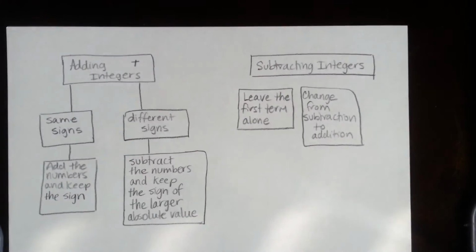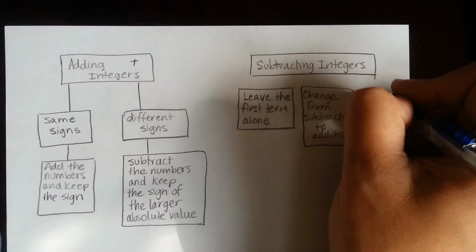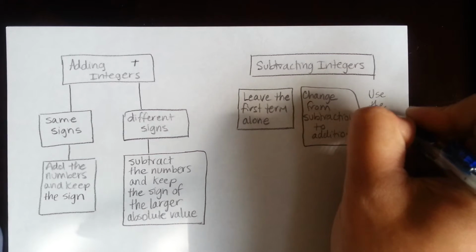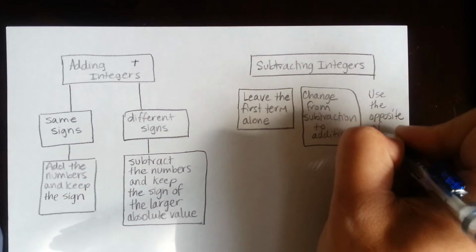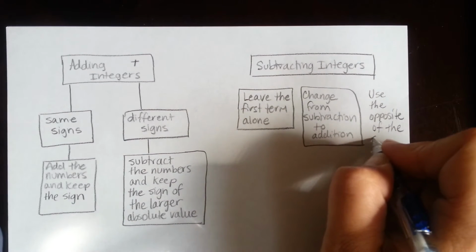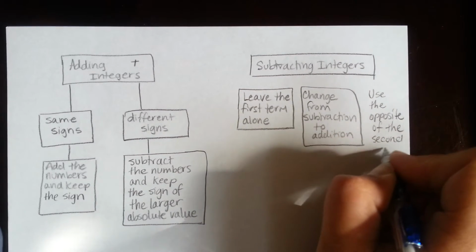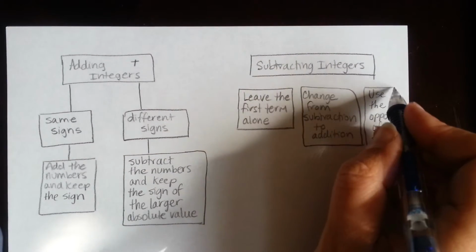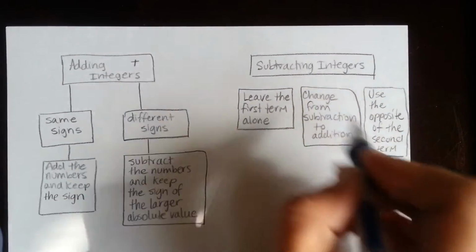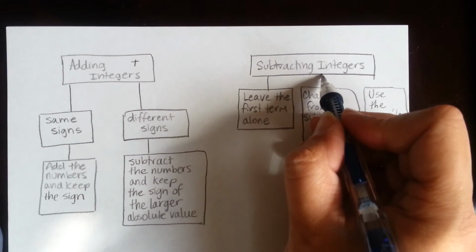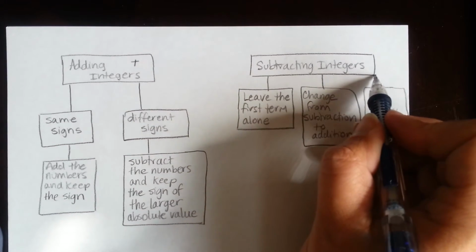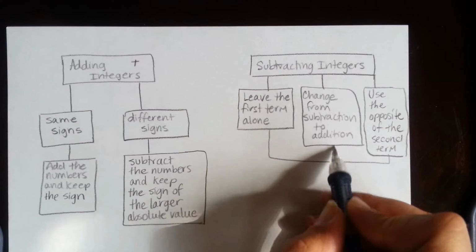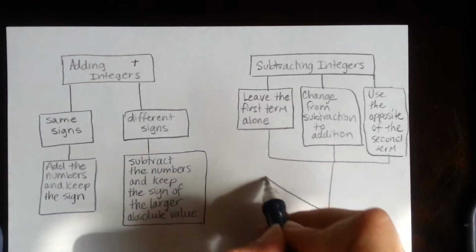And then we're going to use the opposite of the second term. After we leave the first term alone, change from subtraction to addition, and then use the opposite of the second term, then our problem should be set up so that we can just follow our addition rules.